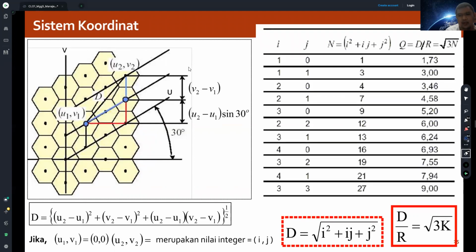Now, using this equation, we could find the value of K equal to root of I squared plus I times J plus J squared. Okay, so this is not D, but this is equal to K. And the value of D per R is equal to root of 3 times K.